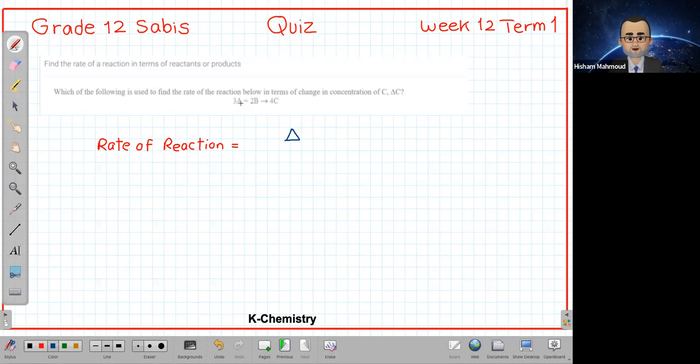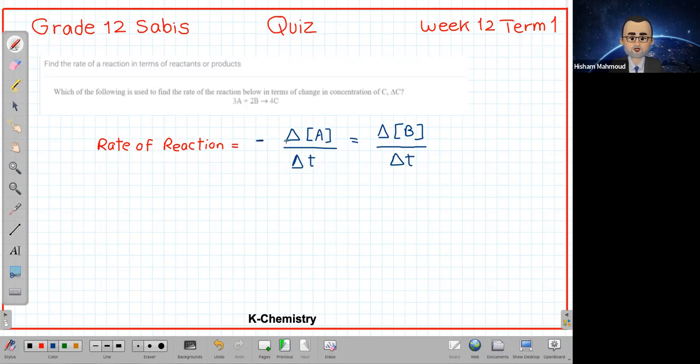So if it is in terms of A, it will be change in the concentration of A per change in time. This is the rate of the consumption of this reactant per time. And in order to make this value positive, you have to negate this value.